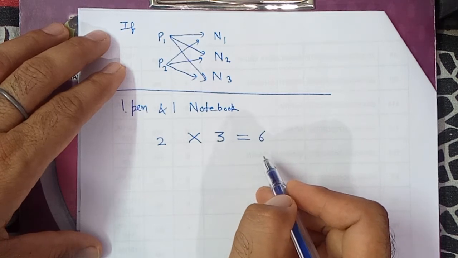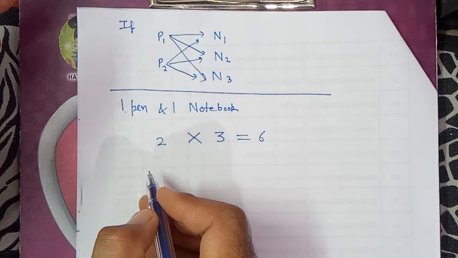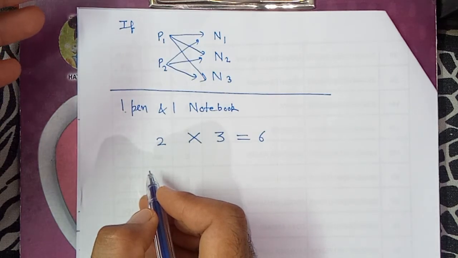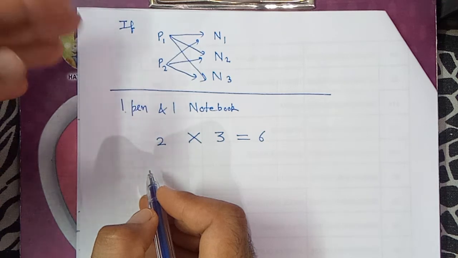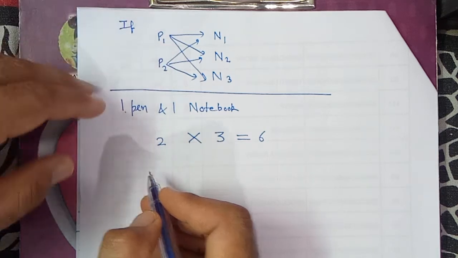So in general, if the first event can take place in m ways and the second event can take place in n ways, then both the events can take place in m into n ways.